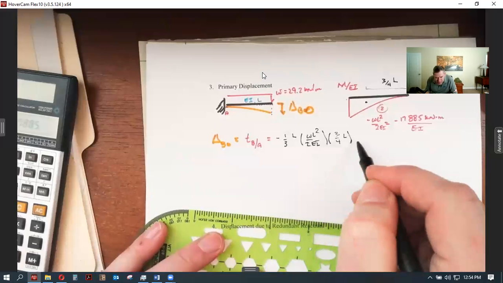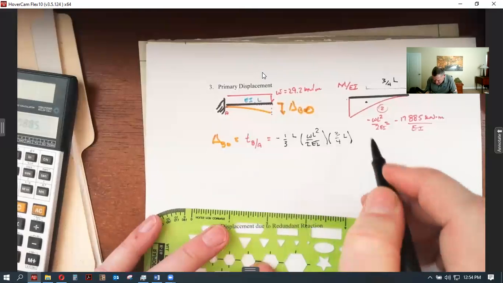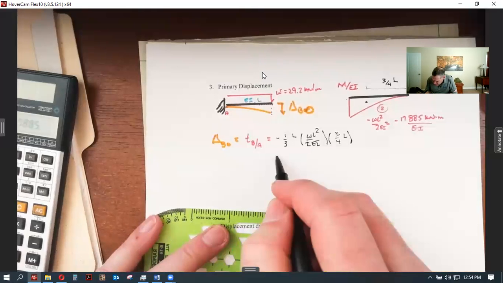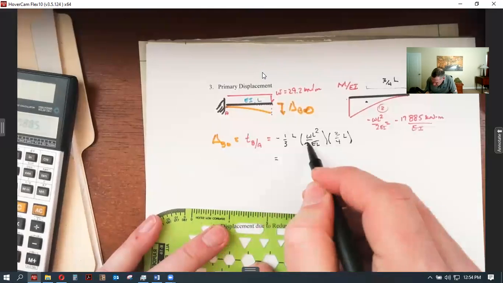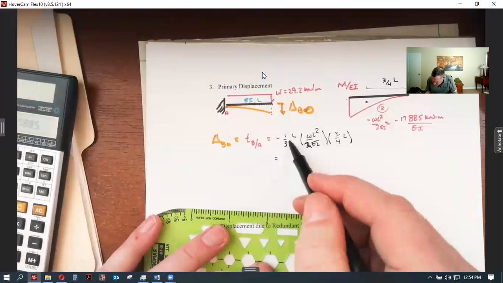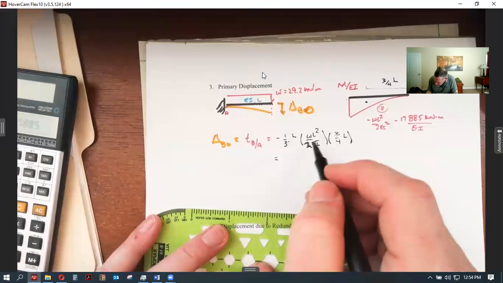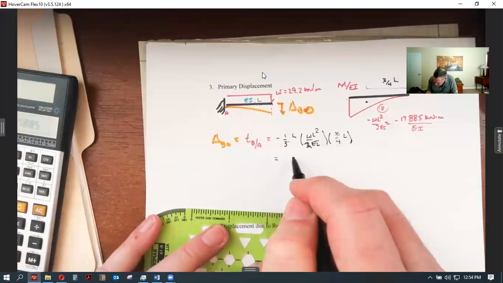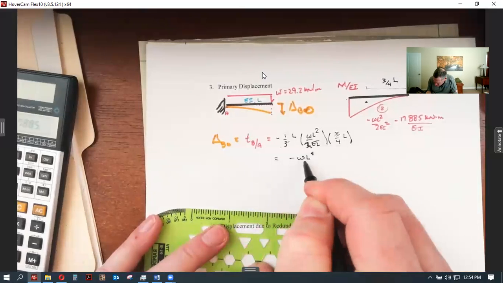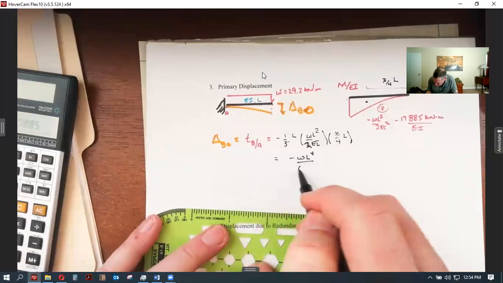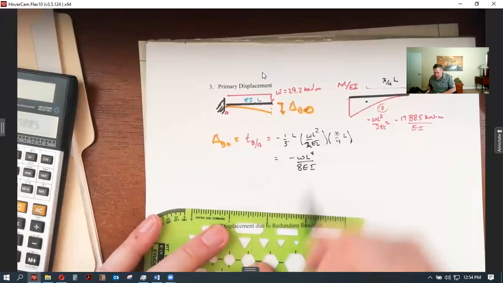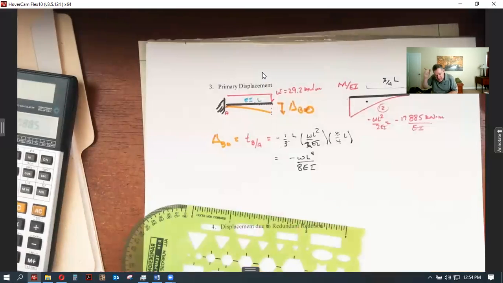Notice I kept it in terms of symbols because the numbers get really big, don't they? Right, so this is a 2. That 3 goes away with that 3, and we'll get a minus WL to the 4th over 8EI for delta BO acting downwards.